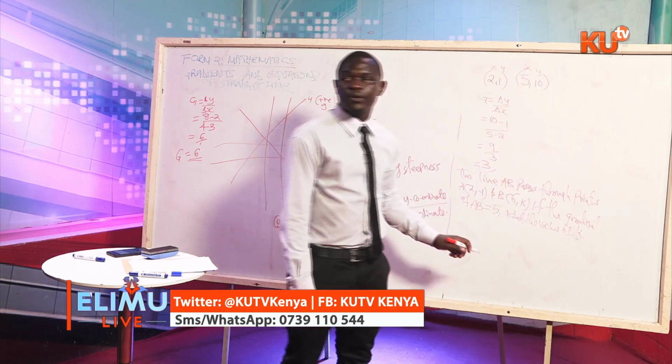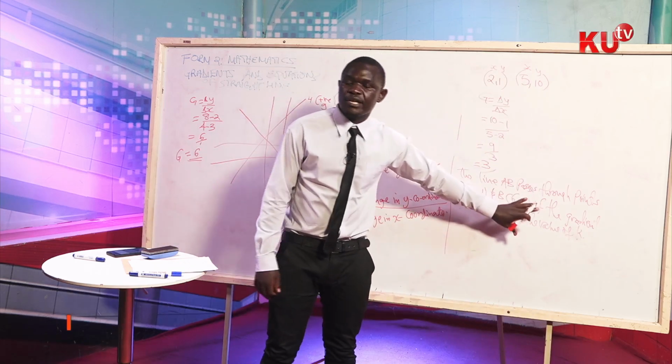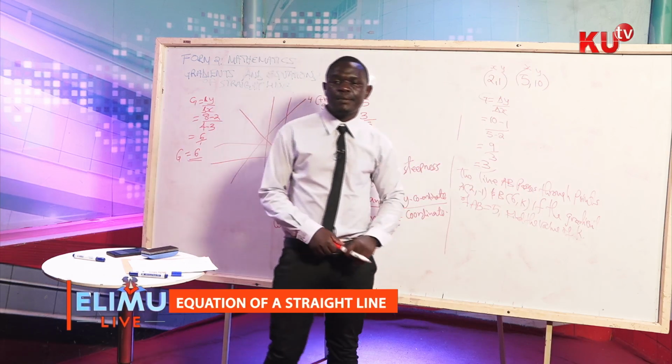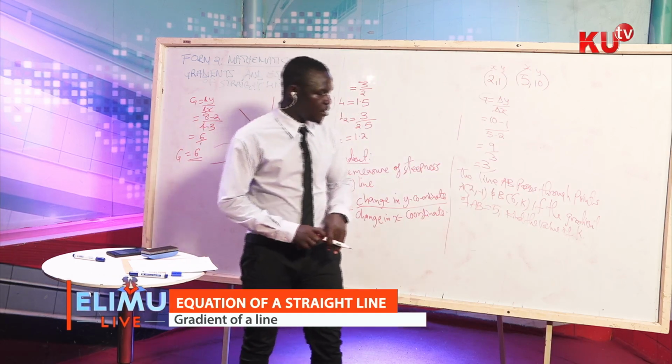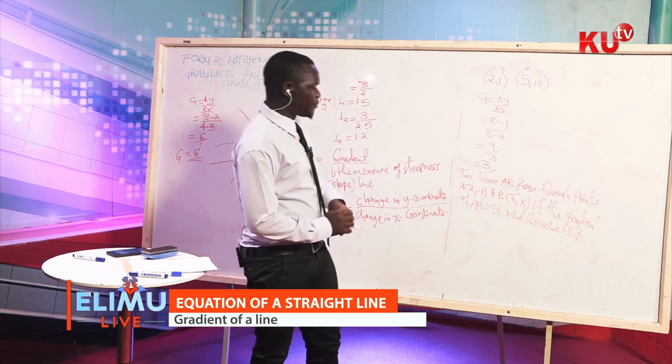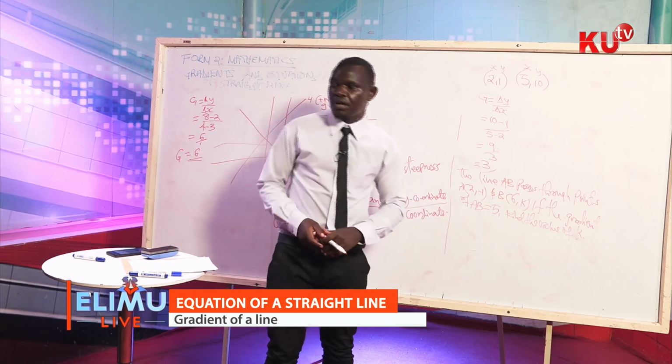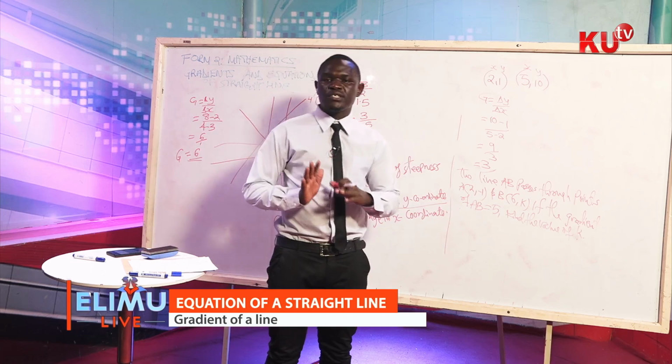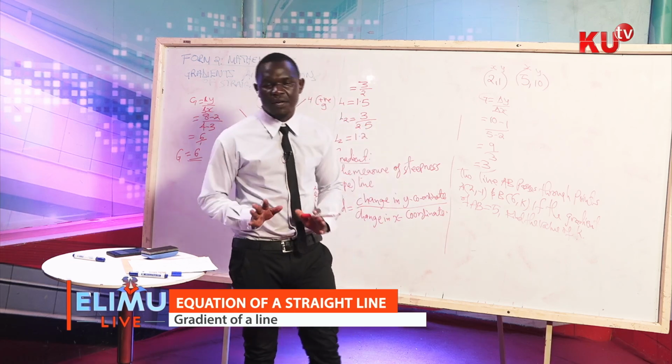Now, these are the most common questions that nowadays are being asked by examiners. This is mostly a 3-mark question in section 1. It's not very challenging. What it requires is whether you are still able to recall the formula for calculating gradient.